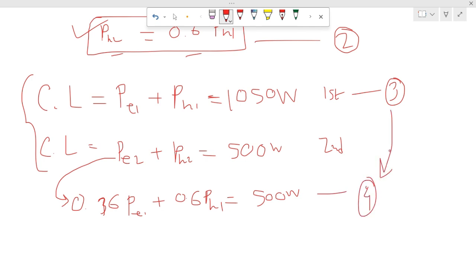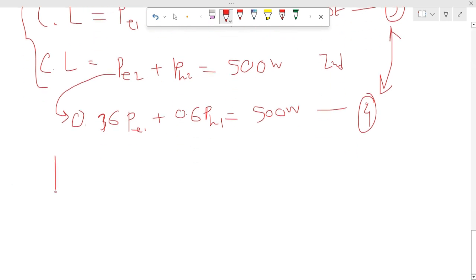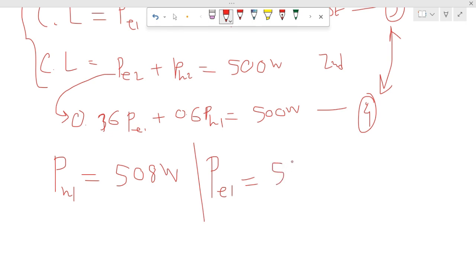Solving these two equations, I can directly write the value of PH1 is 508 watt and the value of PE1 is 542 watt.